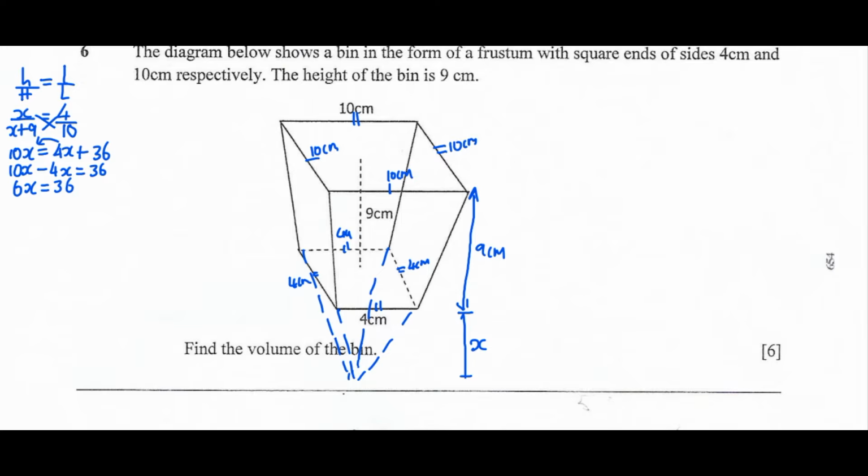Now, for us to solve for x, we divide both sides by 6, so the value of x is equal to 6. This simply means that the height here, the value of x, is 6 centimeters. So now, what is the height of the large pyramid? This one will be 9 centimeters plus 6 centimeters, which is 15 centimeters.